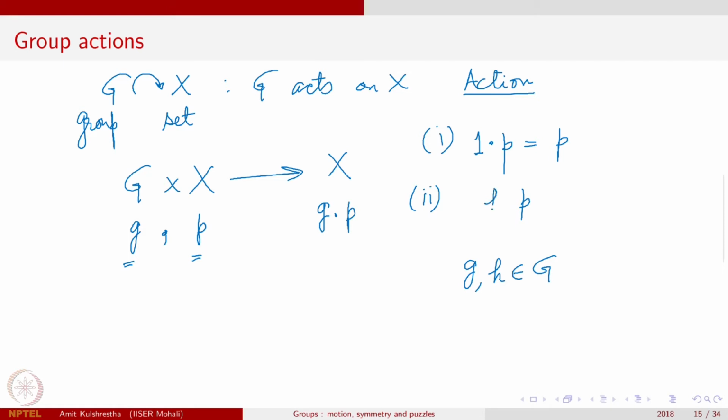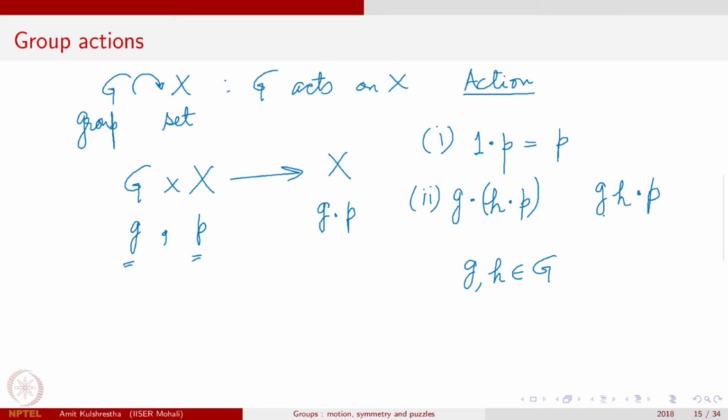First with the help of H, I try to move P, that is I am considering the image of H comma P under this map, so H dot P, and then I try to move whatever is the result by the action of G. What I could have done is that I could have tried to move P by the action of GH.